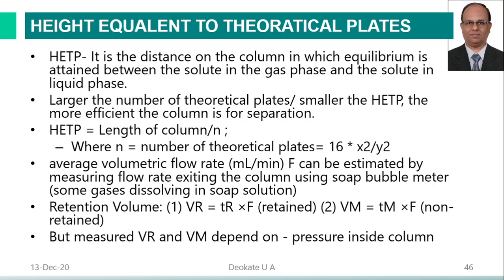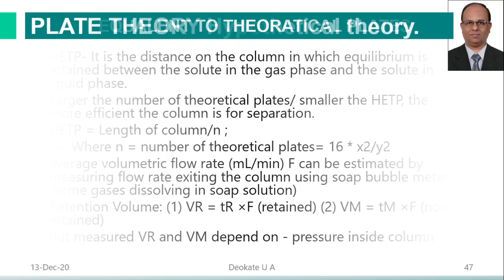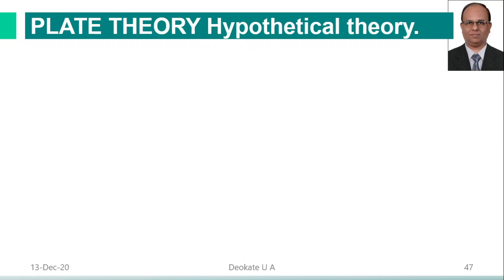So VR equals TR into F, where F is the flow rate, for the retained component. Vm equals Tm into F, where F is the flow rate for the non-retained component. But the measured VR and Vm also depend upon the pressure inside the column. So these are certain factors to be considered. We will see these factors in more detail.